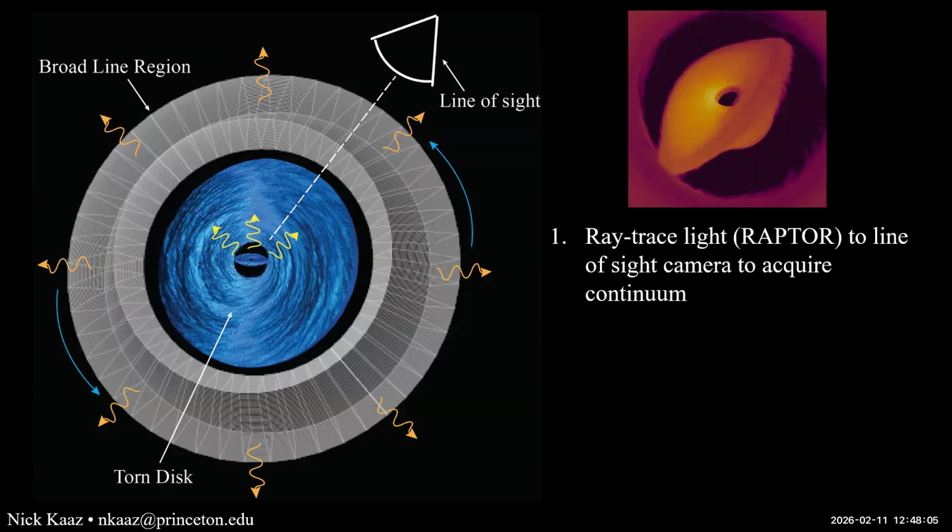For emission properties, I'm just doing the simplest thing where I'm assuming everything is thermal. So I ray trace the light, and for example, from the line of sight, I get the continuum emission. The second thing I did was I distributed cameras throughout the broad line region and ray traced the light to every single segment of this structure. The idea here is that it gives me the photoionizing flux that's incident upon it.